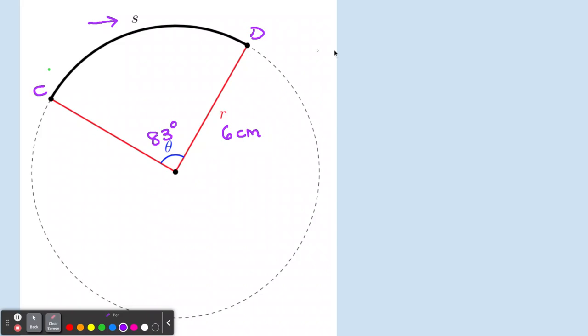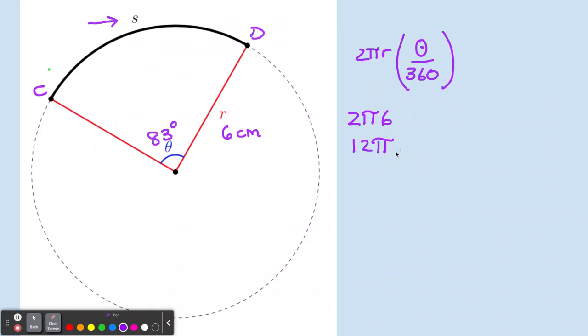So remember the formula, it's 2 pi r times theta over 360. In this case, we know it's 83 over 360. So why don't you pause the tape, see if you can find the arc length, and get your calculator ready. So we know it's 2 pi, and the radius is 6, so we're going to have 12 pi, right? 6 times 2 is 12.